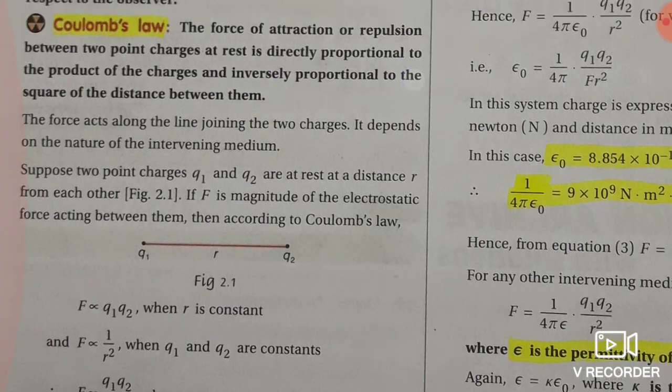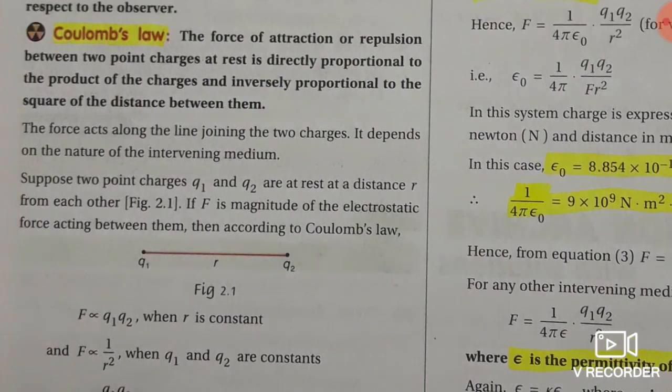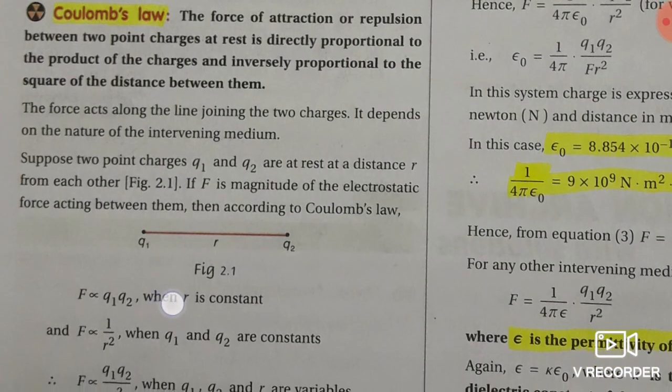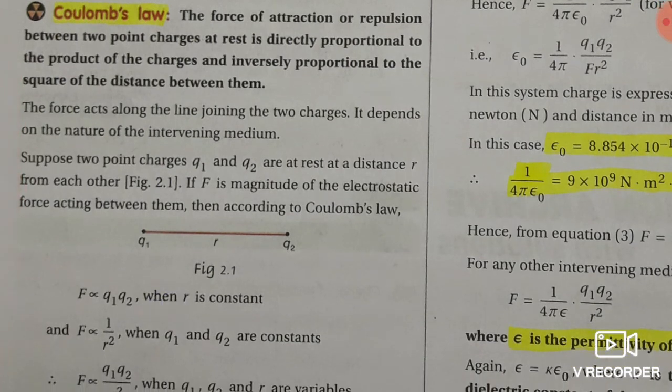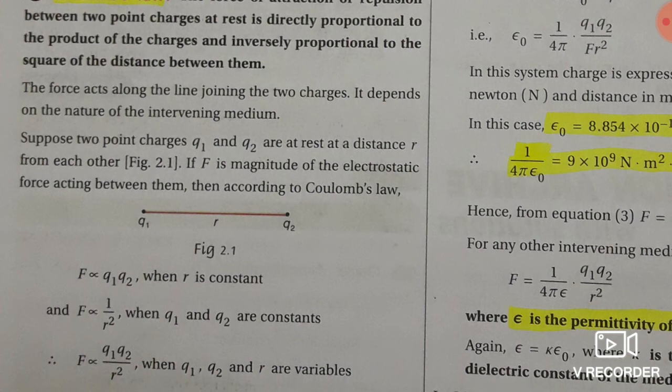So this is the statement of Coulomb's law. The force between two charges is directly proportional to the product of charges and inversely proportional to the square of the distance between the charges.